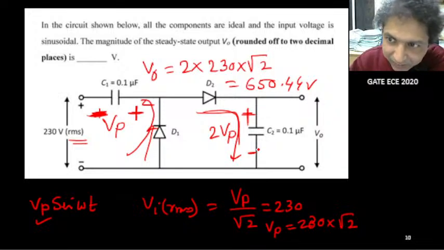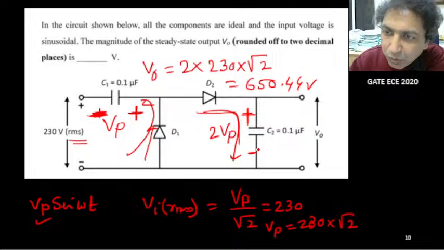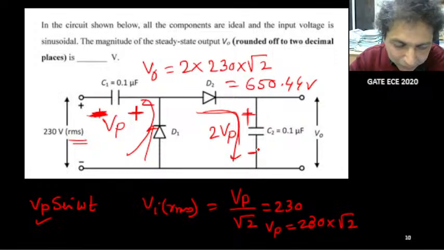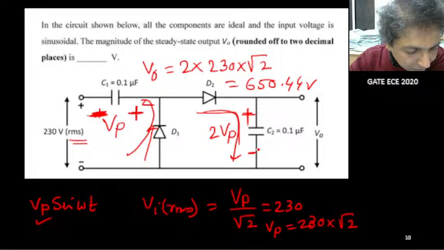Yes, so the first capacitor will have only the potential 230 times root 2, that is Vp, the first capacitor voltage. It is 325.22. Is it half of that?